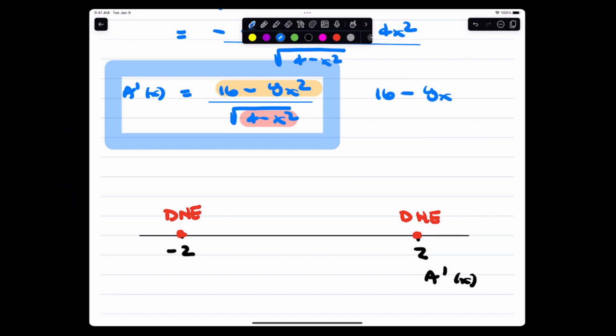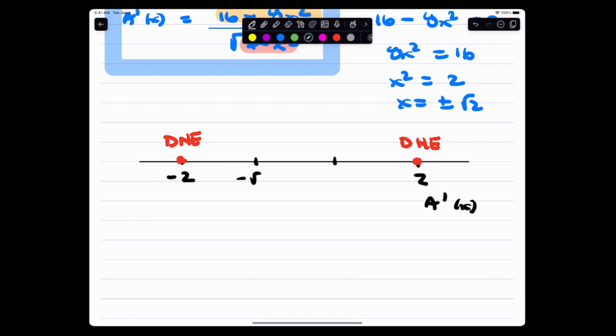Right? What do you get here? 16 minus 8x squared is 0. 8x squared is 16. X squared is going to be what? 2. So what is x? Plus or minus square root of 2. So that derivative is what? 0.